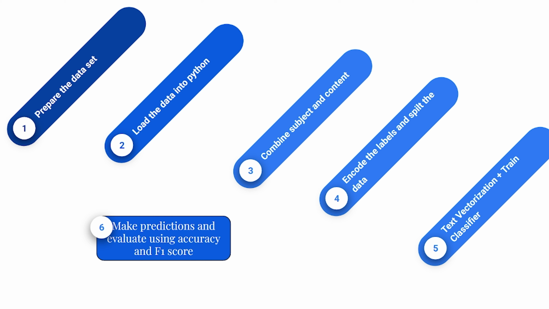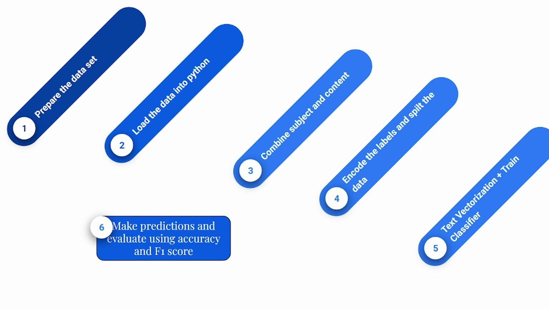After completing the fourth step, we move to text vectorization, which means converting the text into numerical data. Then we need to train the model and prepare the test data and the train data. Finally, we need to predict using the predict method, and make sure the predicted answer is correct or not.